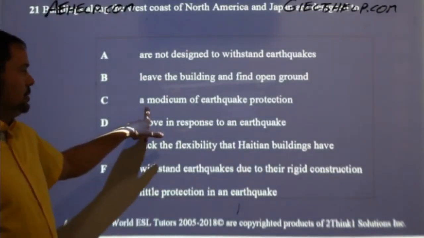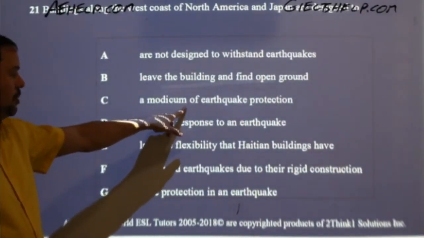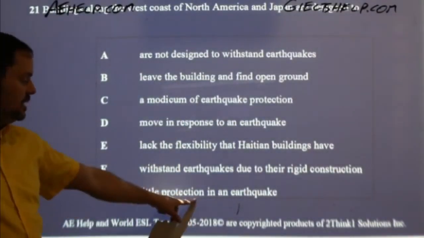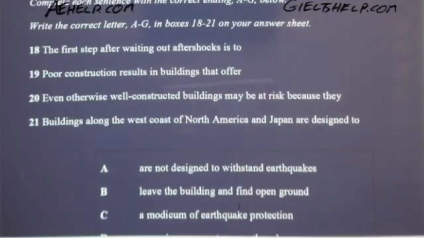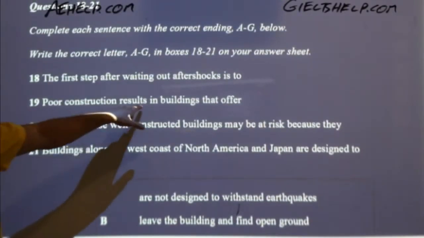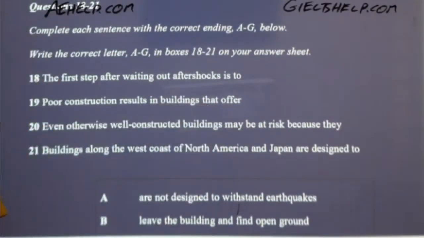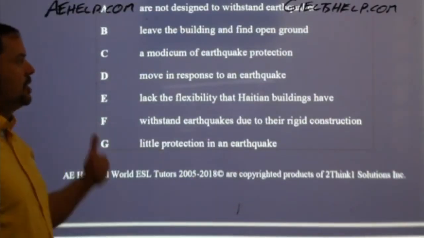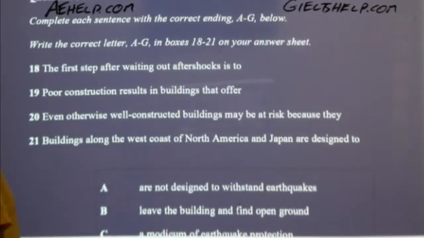Okay. I don't know the definition of that word, so I don't want to choose it, especially when this looks more accurate. So I'm going to take G, and I'm going to put it into that sentence. Poor construction results in buildings that offer little protection in an earthquake. Grammar's good. I stick with it. So G it is.